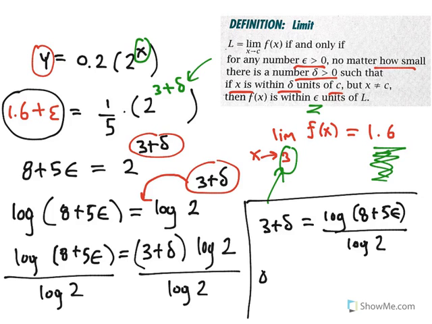And then to solve for delta, just subtract 3 from each side of the equation. And there you have it.